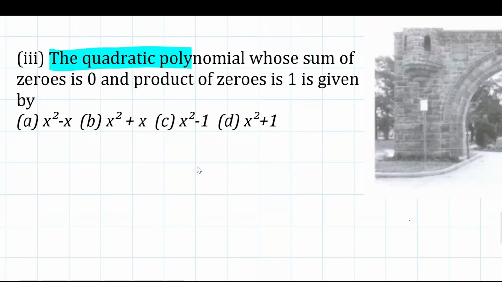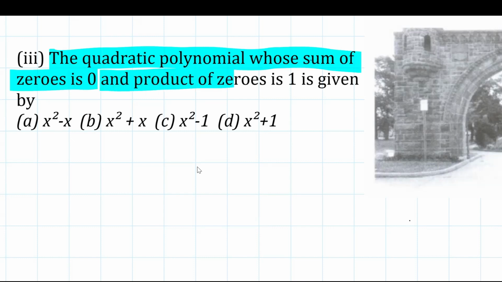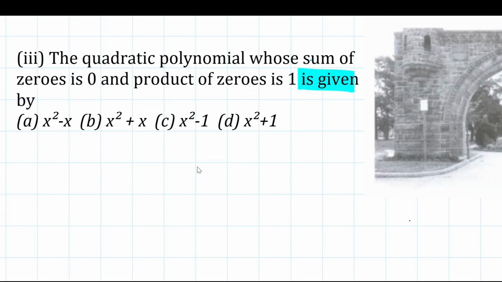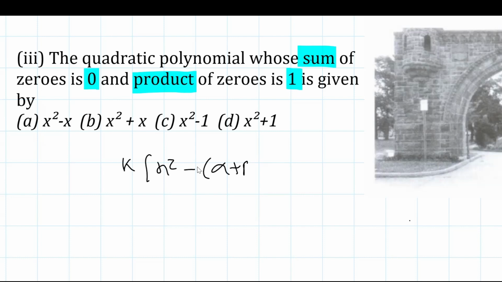Third part says the quadratic polynomial whose sum of the zeros is 0 and the product of the zeros is 1 is given by what? We are given the sum of the zeros as 0 and the product as 1. The general formula for framing a quadratic polynomial is k times bracket x square minus the sum of the zeros plus the product of the zeros, where the zeros are alpha and beta.